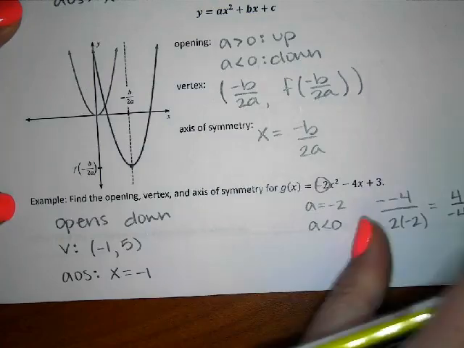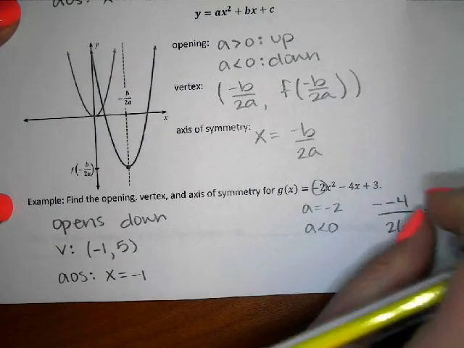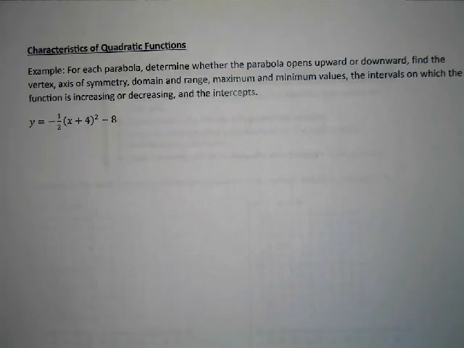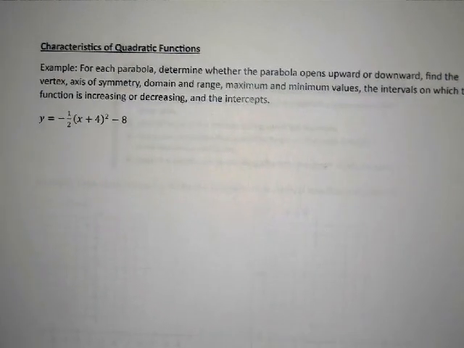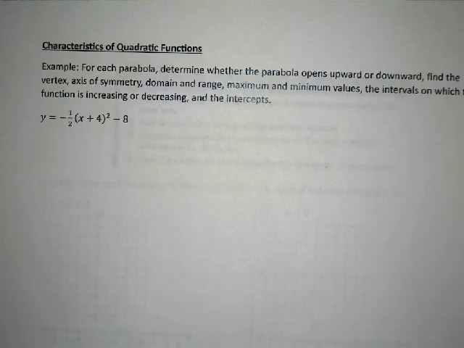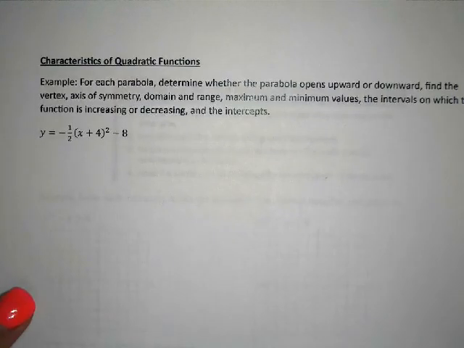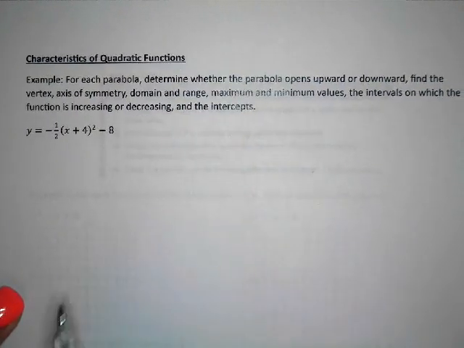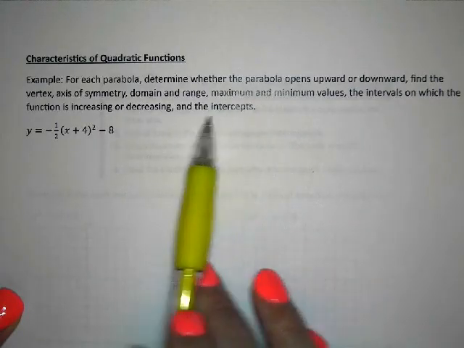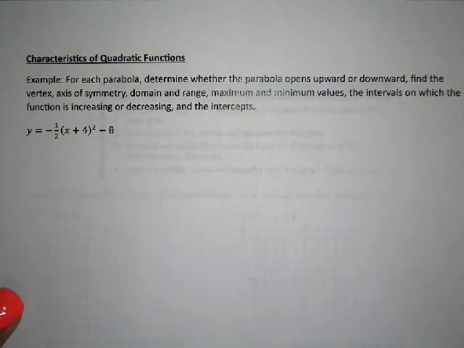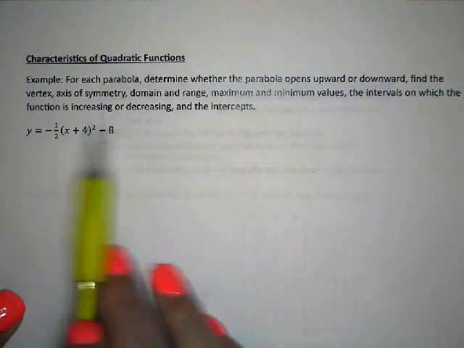Okay, so this next page has a couple examples, and it's asking us to find the characteristics of a quadratic function. Some of these characteristics are familiar to us, some of them we just learned, and some of them we'll look at more in depth in this example. It says, for each parabola, determine whether the parabola opens up or down. We can do that pretty quickly.